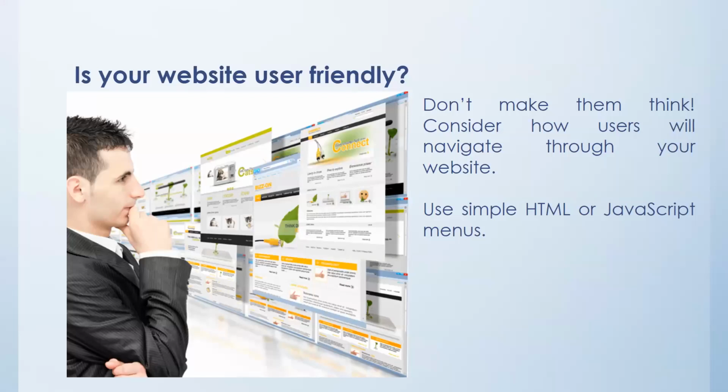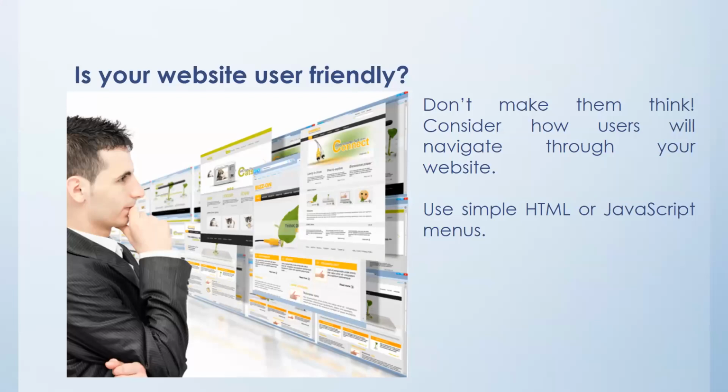Then user friendly, right? We can't put things here and there, and when the customer comes to our website, he will be confused. Where can I go? How can I do it? No, that is not the way. The user should be easily connected to the company. Whatever information, that person has to find it easily, right? So searching and contacting, all these things have to be in a user-friendly manner.